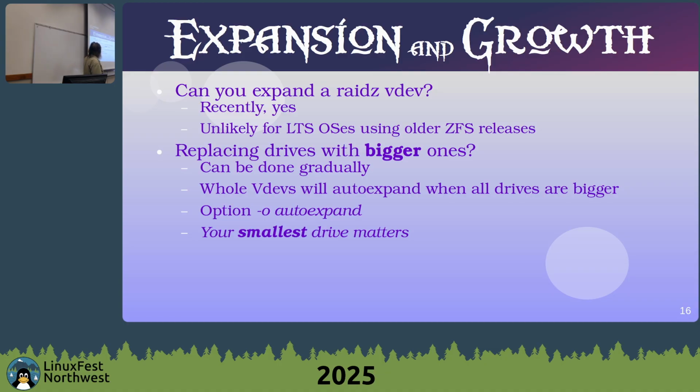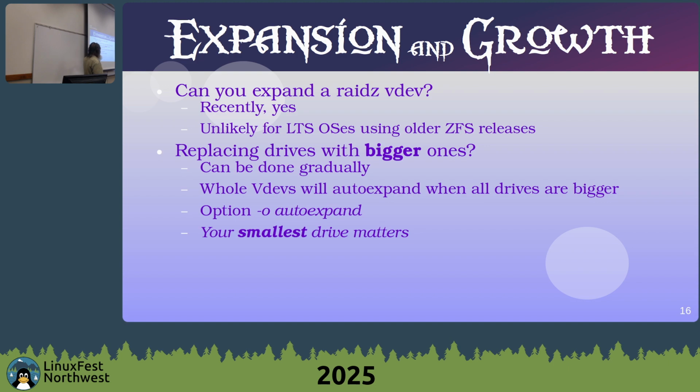Replacing your drives with bigger ones, depending on how many free SATA ports you have, you can expand 1 or more at a time. So say you yank a drive, or you do a ZFS detach, yank the drive, and put in the bigger drive.